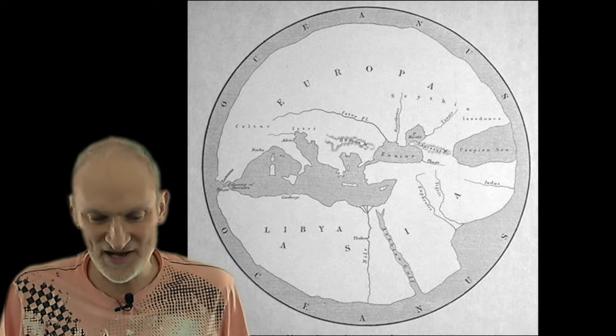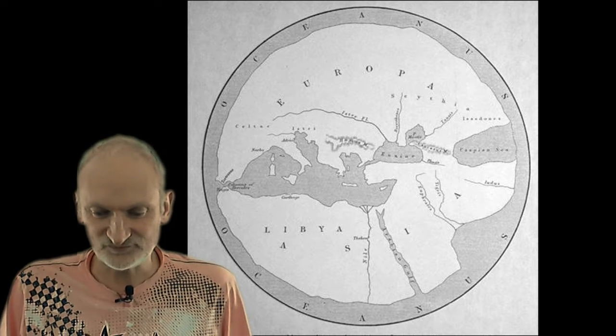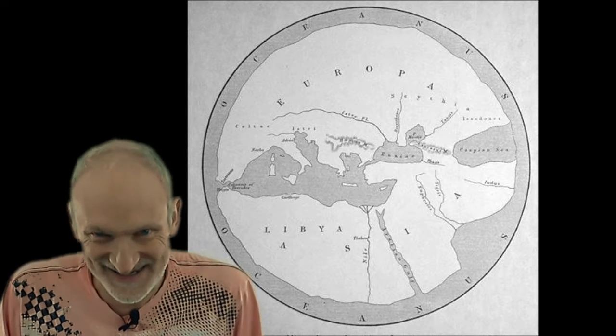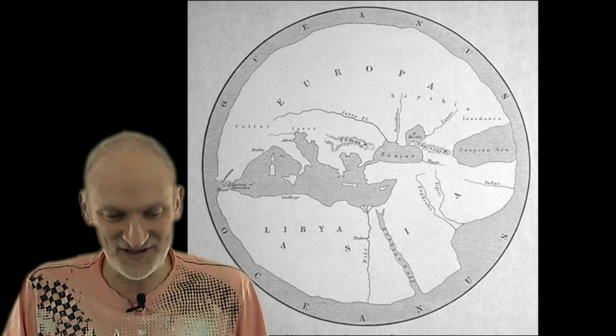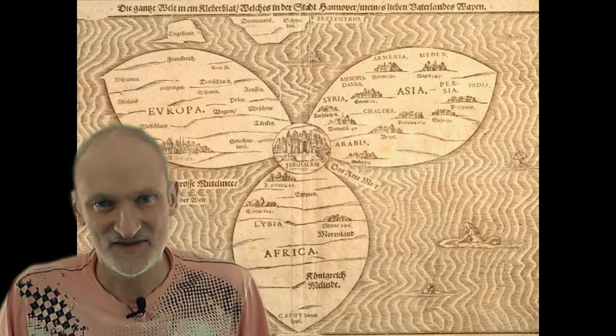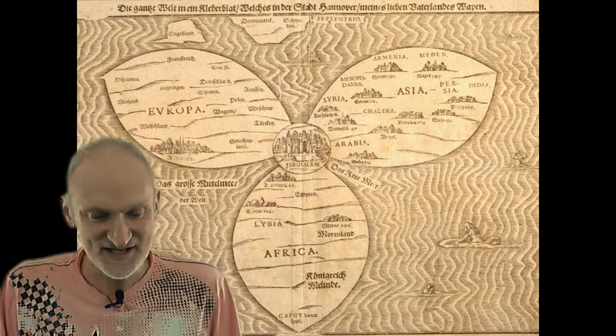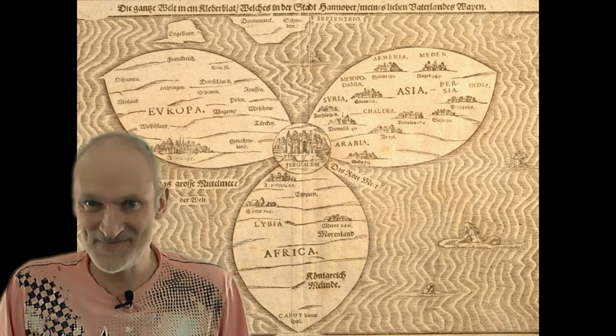So the first map is a reconstruction of a map drawn by Ptolemy in the 2nd century AD, discovered in the medieval period. And it shows a basic understanding of connectivity between Europe, Asia and Africa, as we'd call them, focused on the European Mediterranean world. The second map is a so-called TO map, a medieval map.